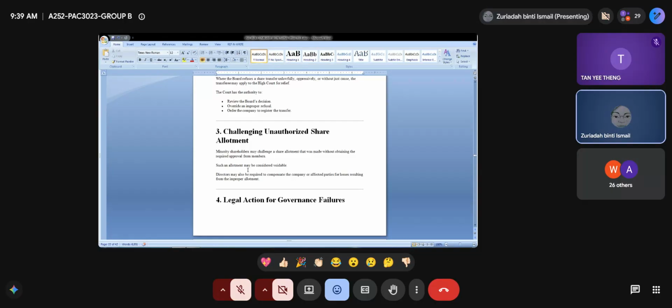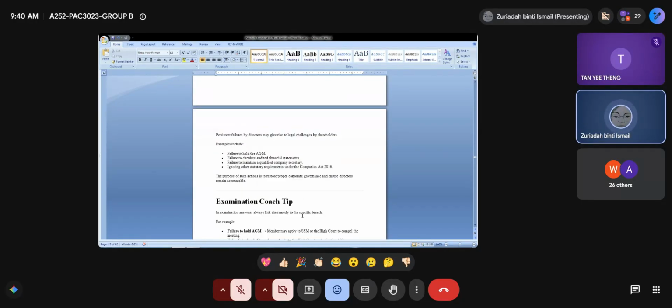Since this is what happened, the shares allotment is voidable. It is not valid. So what are the consequences for the directors? Directors are required to compensate the company and also the affected party if they experience a loss.